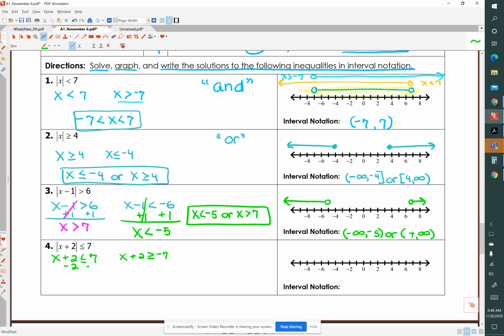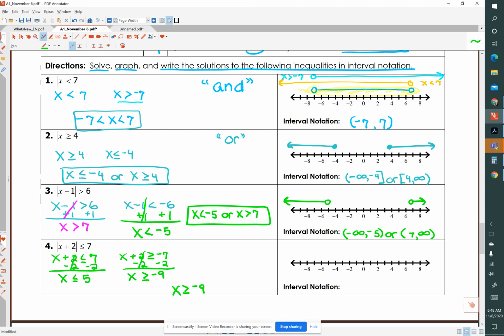We'll subtract 2 from both sides of the inequality. x is less than or equal to 5. And again over here, we will subtract 2 from both sides. x is greater than or equal to -9. We'll start writing with the smaller number.